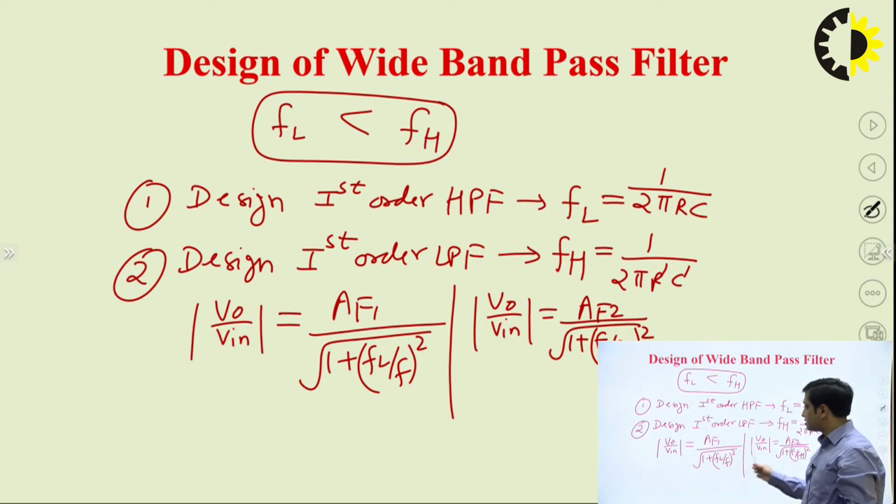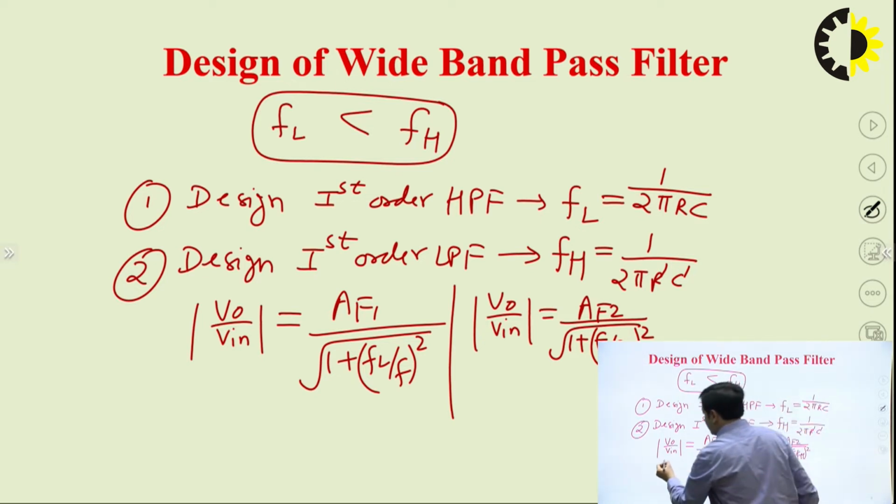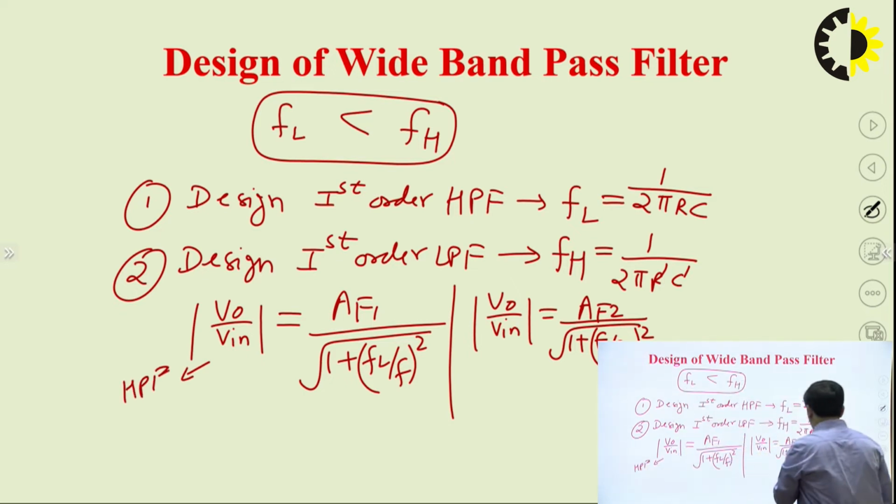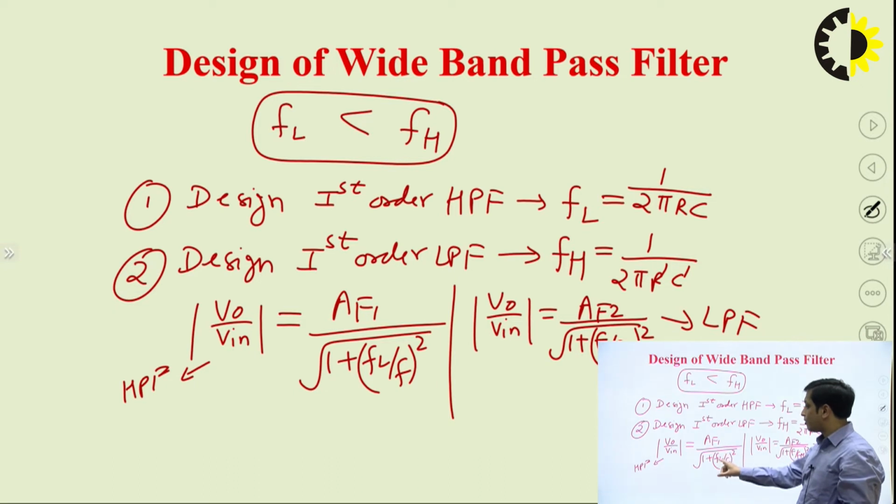You will get these equations. This V naught upon V in is for first order high pass filter, and this is for first order low pass filter. Then of course overall gain of the wide band pass filter will be the multiplication of these two equations, AF1 upon under root 1 plus (FL by F) square into AF2 upon under root 1 plus (F by FH) square, because both the circuits are connected in cascade.